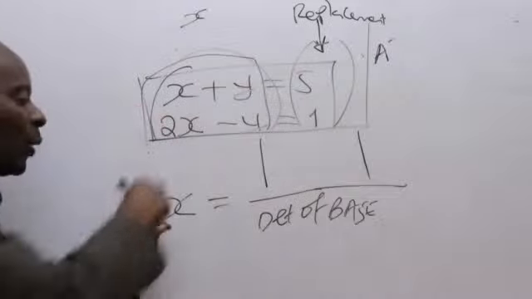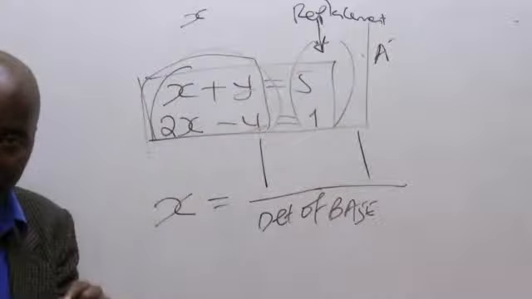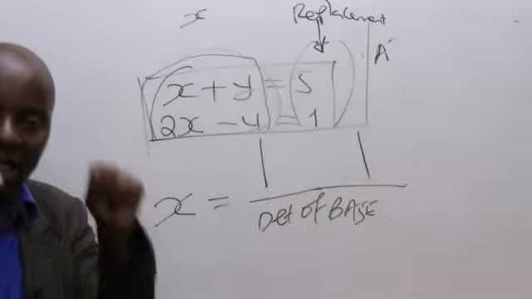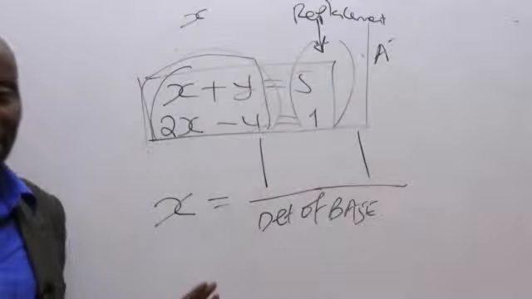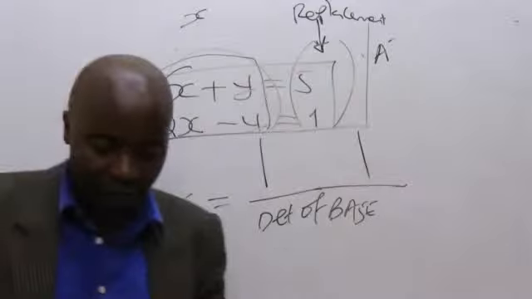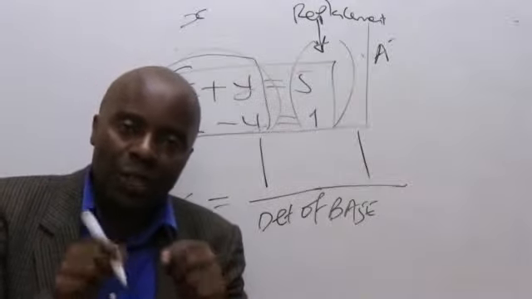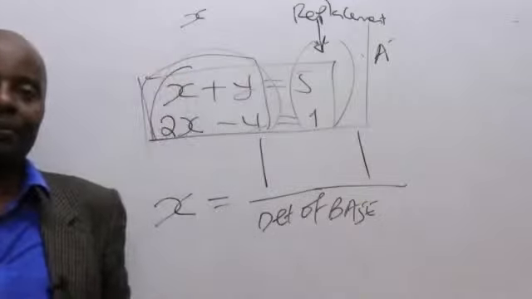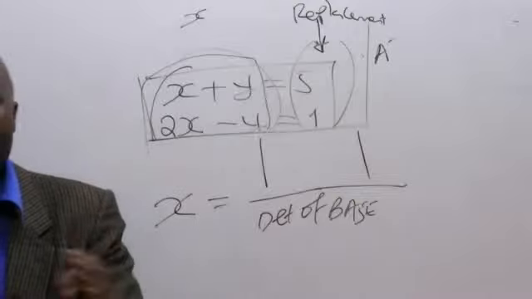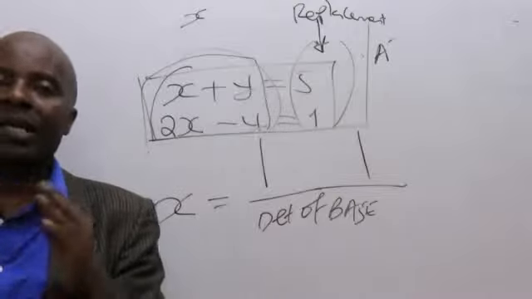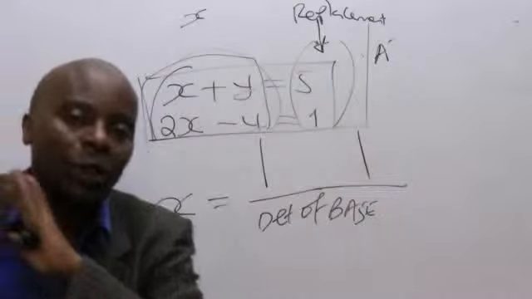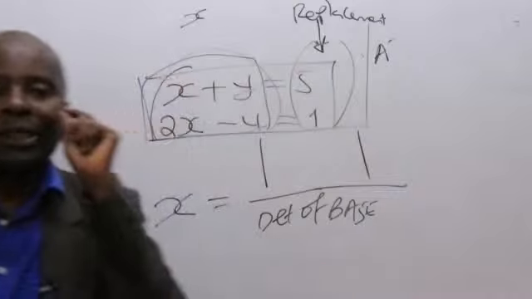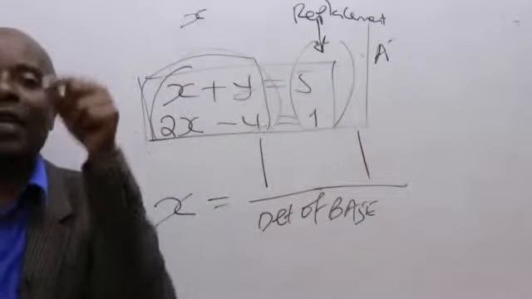If I want to get y today, the column of y must disappear. Where it goes to, I don't want to know. The most important thing is that I have a replacement.